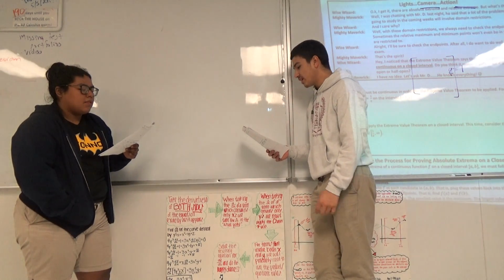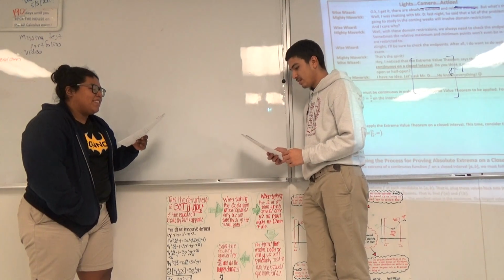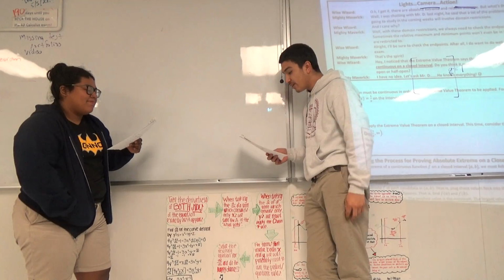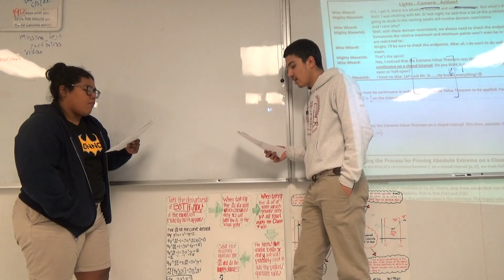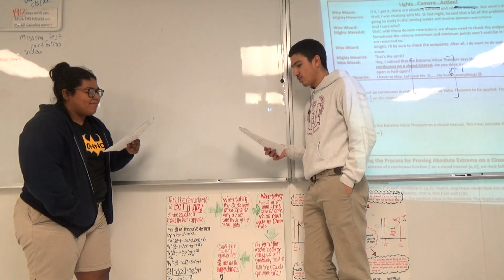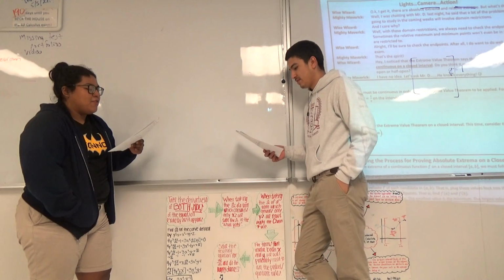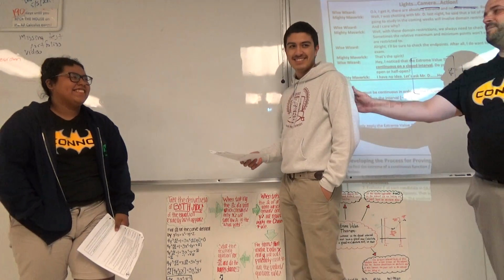Alright, I'll be sure to check the endpoints. After all, I do want to do well on the AP exam. That's the spirit. Hey, I noticed that the extreme value theorem says that the function has to be continuous on a closed interval. Do you think it makes a difference if the interval is open or half open? I have no idea. Let's ask Mr. D. He knows everything.